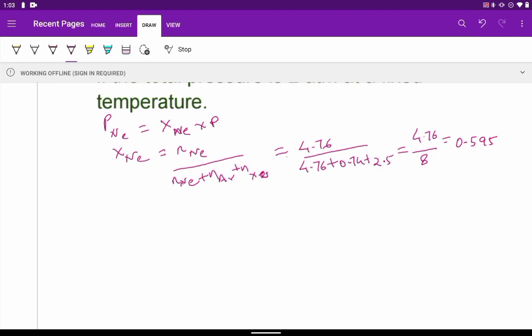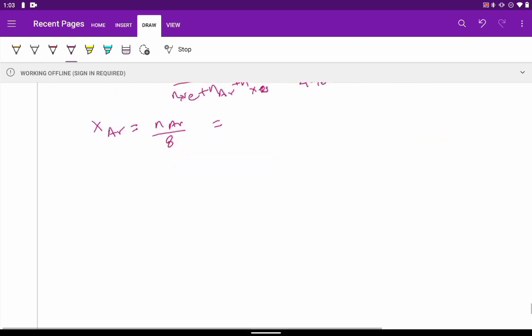Similarly, for argon, we get the mole fraction by dividing the number of moles of argon by the total number of moles, that is 8. So for argon it is 0.74 by 8, that comes to be 0.093.